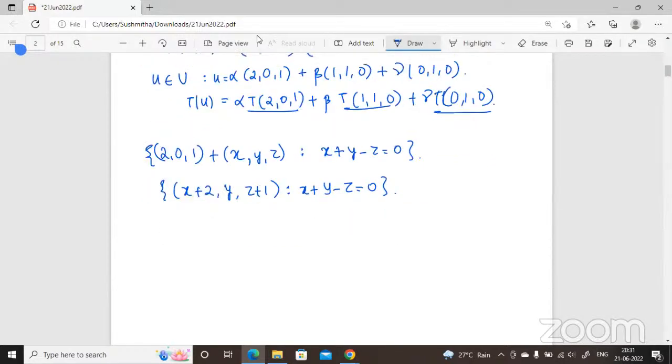Now we need to find all these points. And when will this be satisfied? Not when x plus 2 plus y minus z plus 1 is equal to 0, right? This is my new capital X, capital Y, capital Z, right?